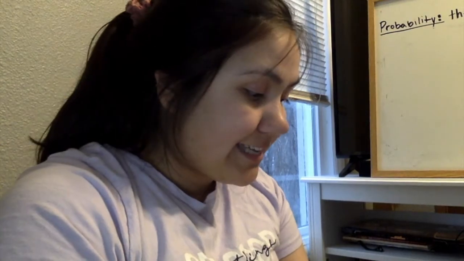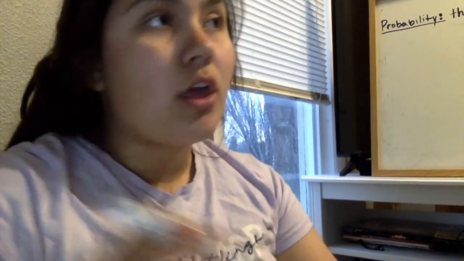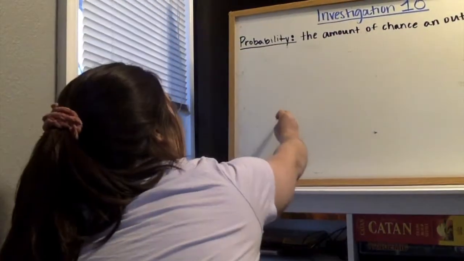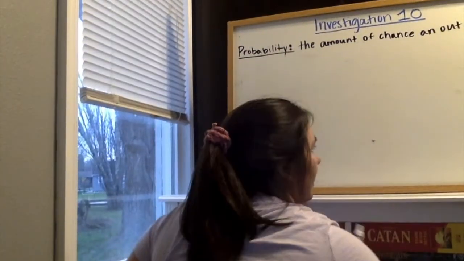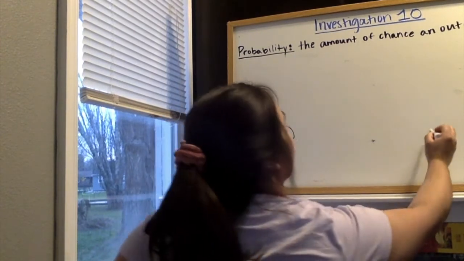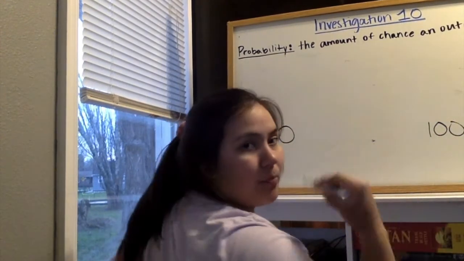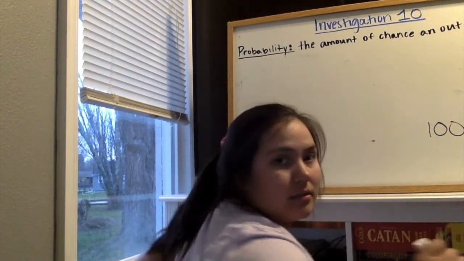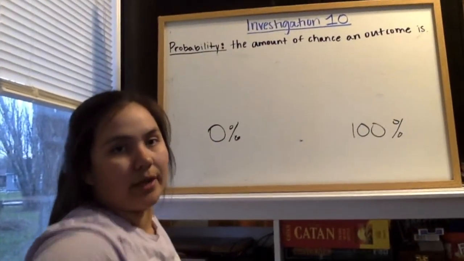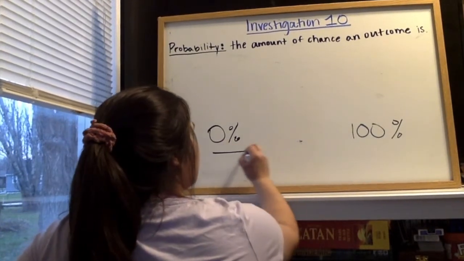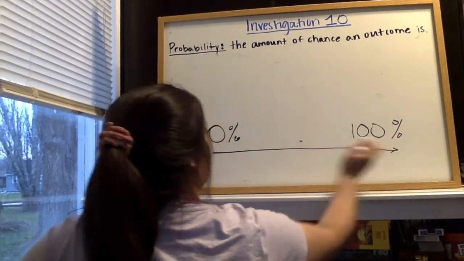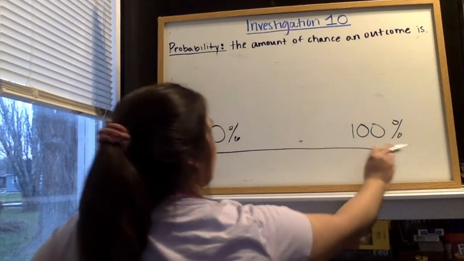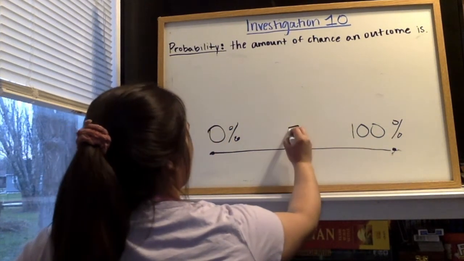So if they say that it's 40% chance, well, we know that in between 0 and 1, or 0 and 100, they're saying, if we're talking about percents. Let me move this out a little bit. There we go. So if we have a scale, halfway between the 0 and 100 will be 50%.